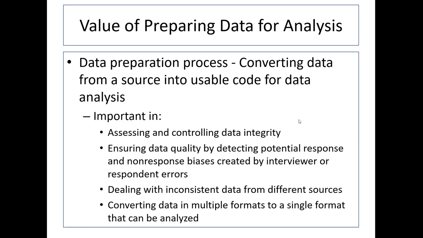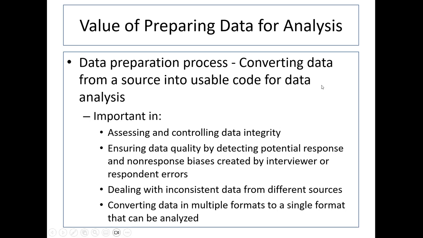Remember some of the examples I gave in the first part of the class, different countries have different conceptualizations for ethnic groups. Different countries may have different ways of calculating unemployment figures. So there's lots and lots of different data formats, and we've got to have something consistent before we do our analysis.